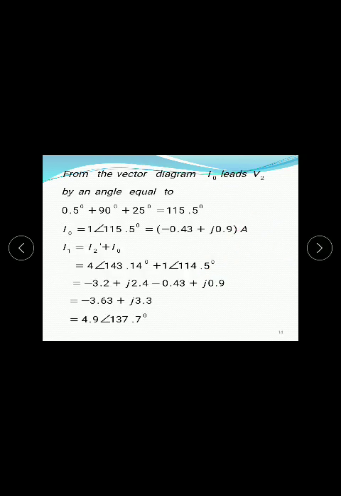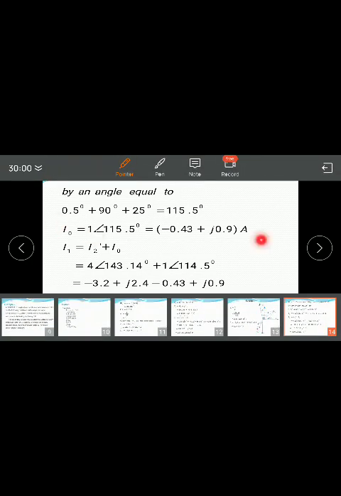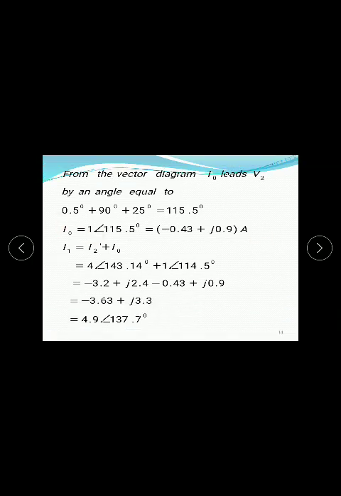Now from the vector diagram, I0 leads V2 by an angle of how much? 0.5 plus 90 plus 20, that is 115.5 degrees. So I0 is 1 angle of 115.5 degrees, which is equal to minus 0.43 plus j 0.9.